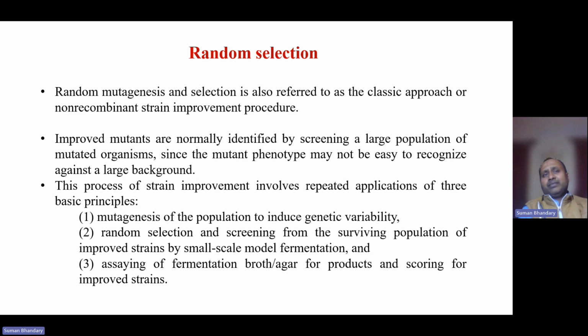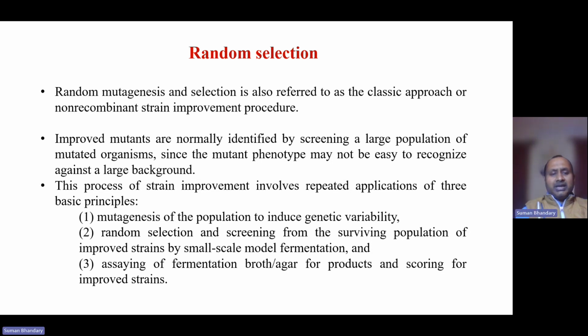And each time an improved strain is derived through mutation, it is used again as the parent strain in the new cycle of mutation, as well as screening by fermentation media.